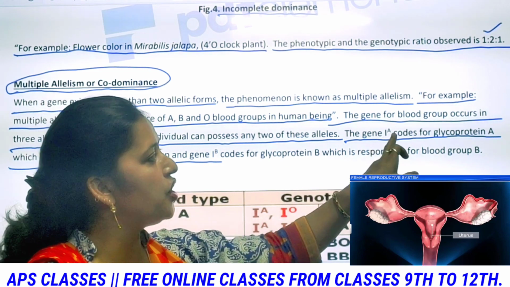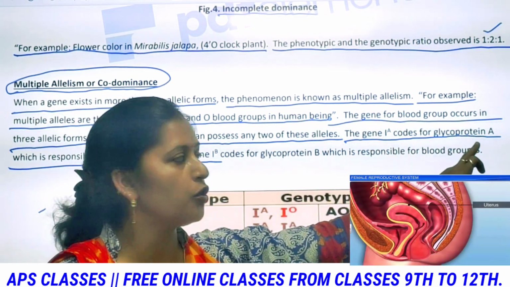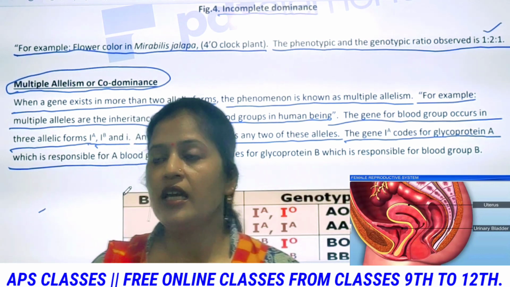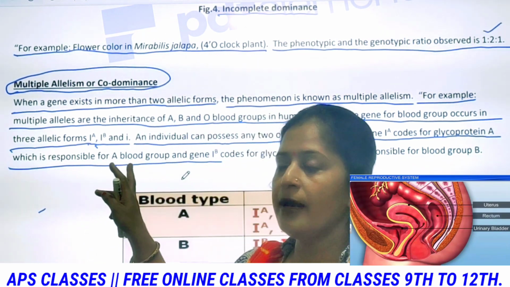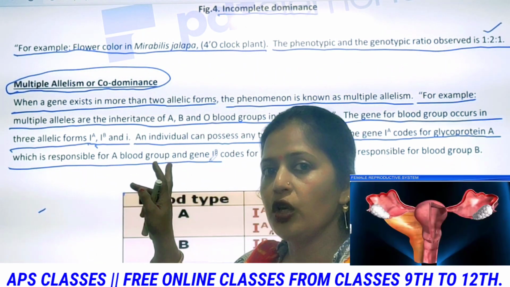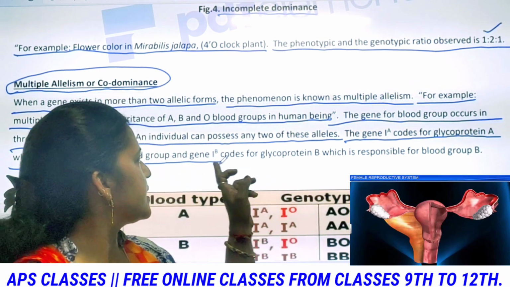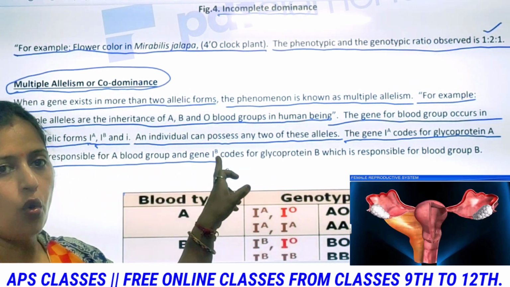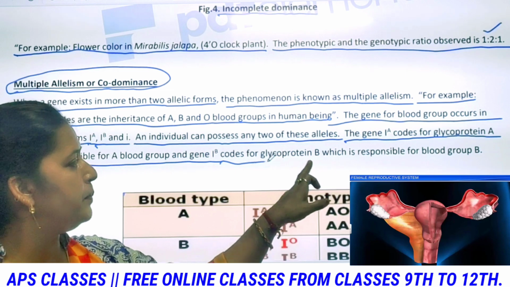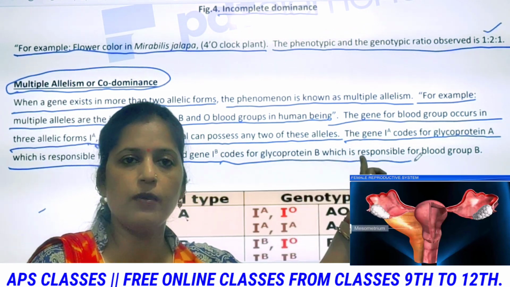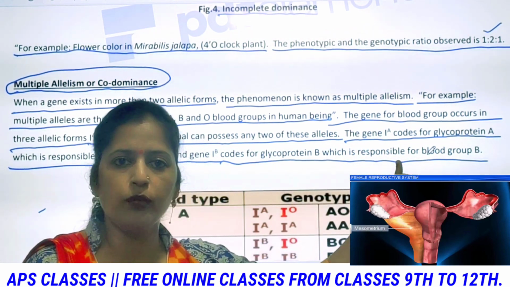That means they can possess any 2 of the alleles. The gene IA codes for glycoprotein A, which is responsible for A blood group in human beings. And next, the gene IB codes for the glycoprotein B, which is responsible for the blood group B in the human beings.